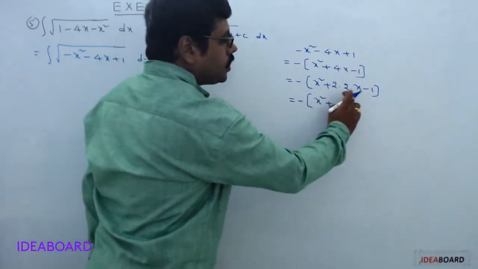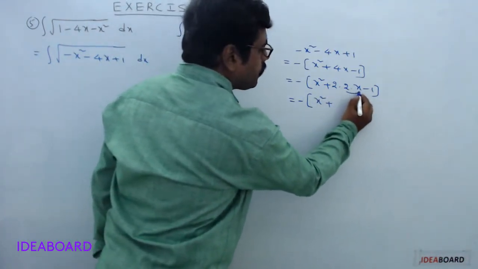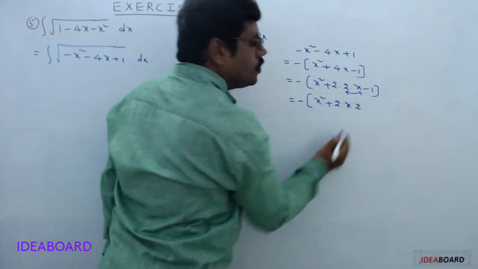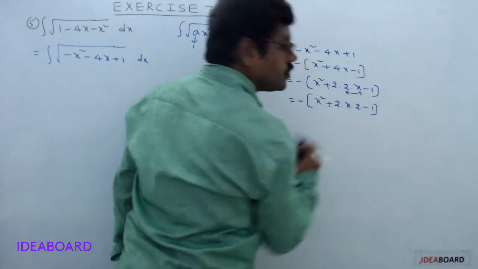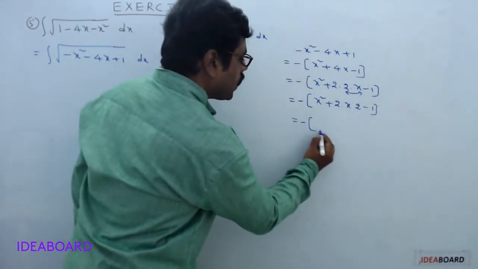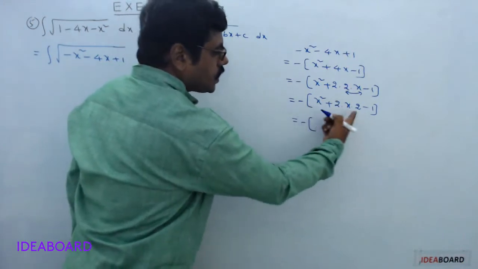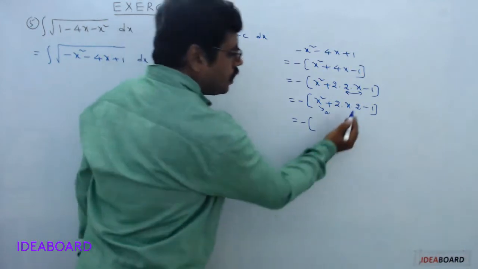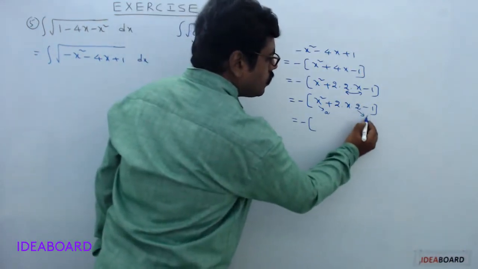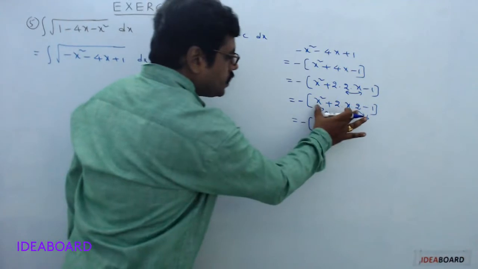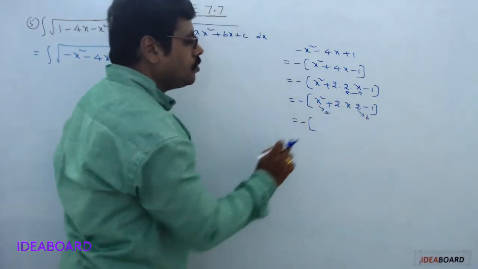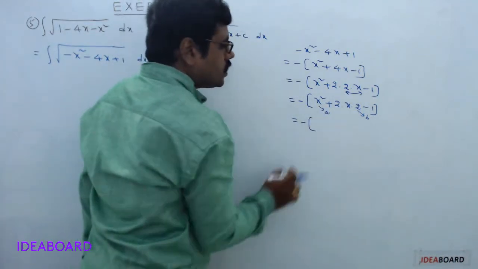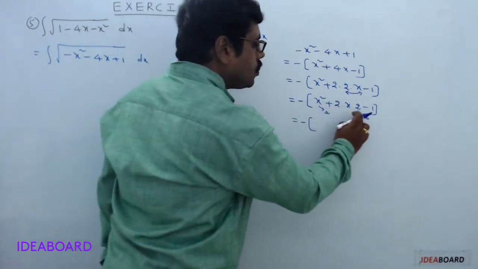So here I am interchanging x and 2, so then it will be 2 into x into 2 minus 1. Now in this expression, if you consider x as a and this constant 2 as b, then this expression is of the form a square plus 2ab.